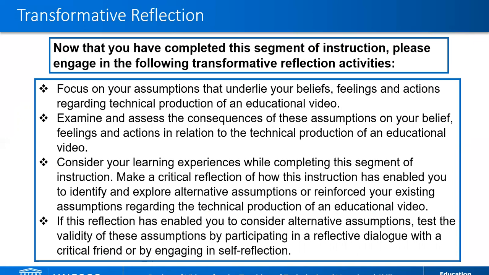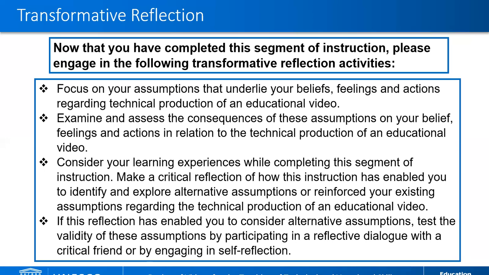Make a critical reflection of how this instruction has enabled you to identify and explore alternative assumptions or reinforced your existing assumptions regarding the technical production of an educational video.